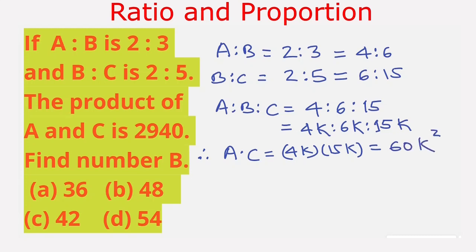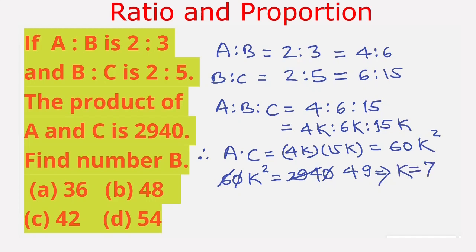and it is given that product of A and C is equal to 2940. 0 is cancelled from both the sides and 6 divides 294 for 49 times. Thus K square equal to 49 gives us K equal to 7.